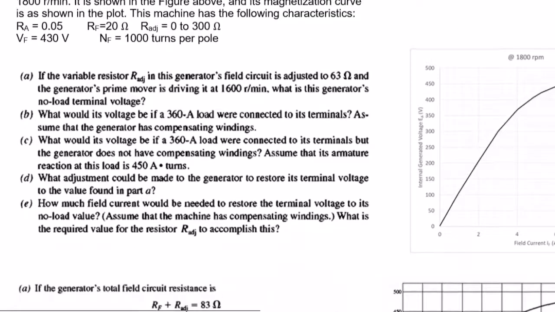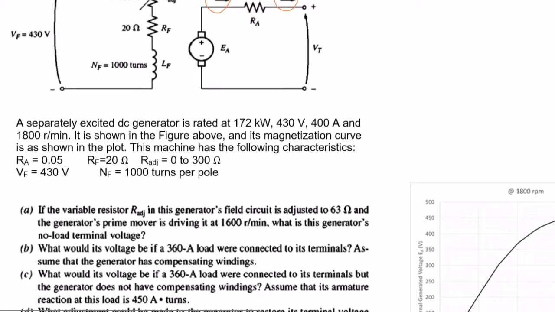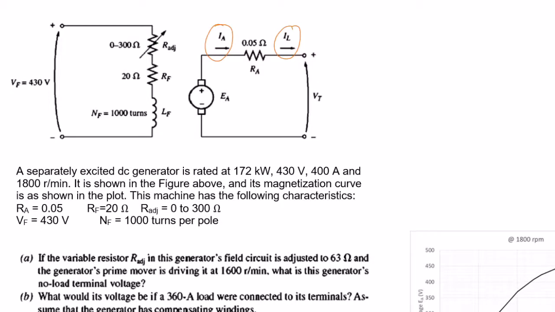And where is IL? IL is the current that flows through the terminals. This one here. And for this particular type of generator, IL will be equal to IA. So these two currents, the line current and the armature current, are of the same value.